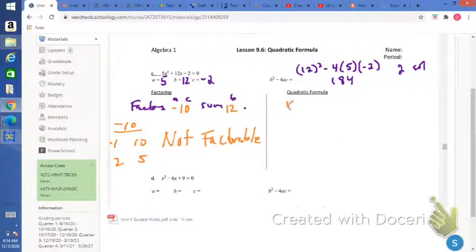So we have x equals negative b plus or minus the square root b squared minus 4ac all over 2a.